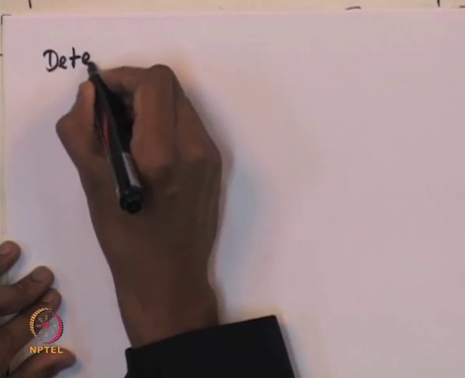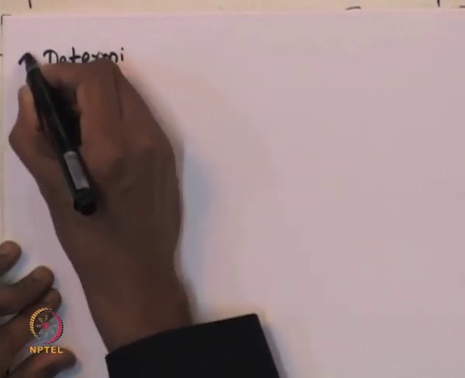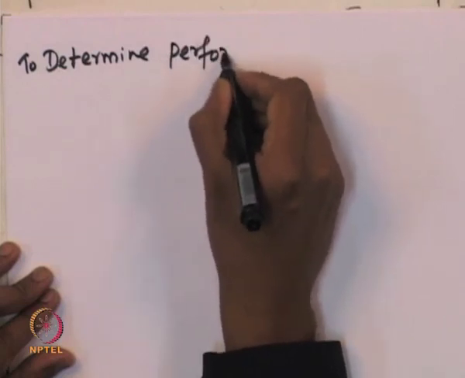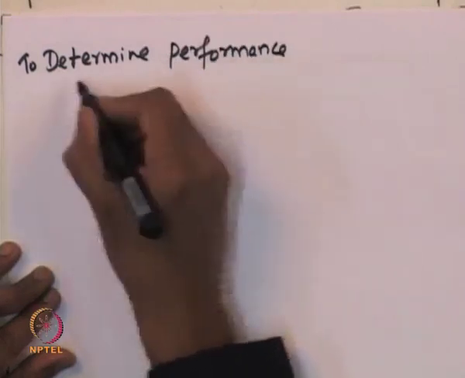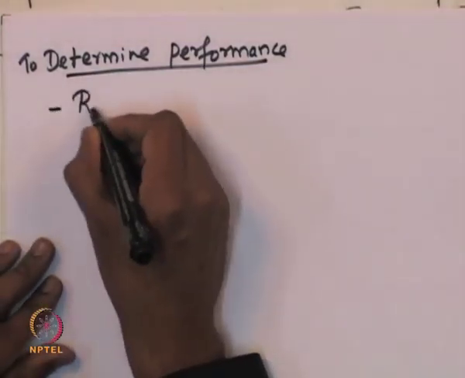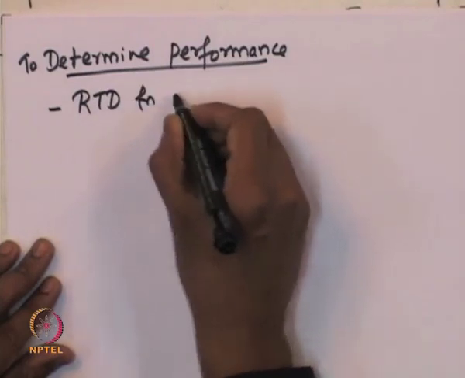So, what all this points to is that in order to determine the performance of the non-ideal reactor, which is the original objective of the whole topic of residence time distribution, one needs to know the RTD, but the RTD function alone is insufficient.